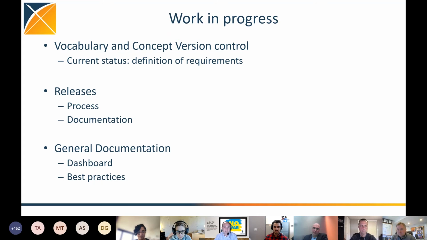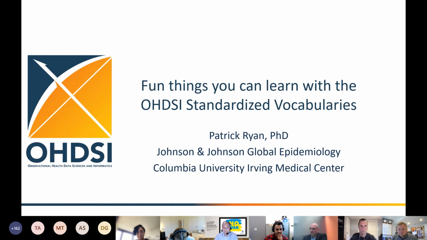So the process still needs some tweaking, although it's pretty okay right now, but the documentation needs to be better. And we need to work more on the general documentation, thinking about introducing a dashboard, which would probably replace the wiki in some areas, and also extend it by best practices around vocabularies. All right, that would be my part.